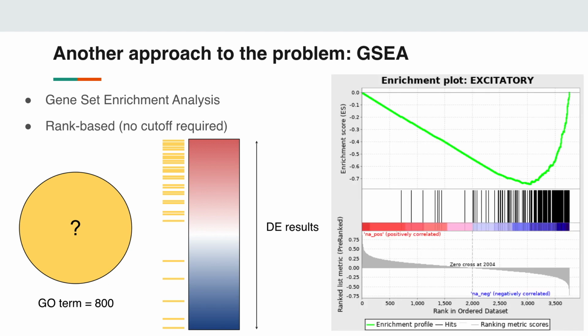And here's just to illustrate an actual result from an analysis I did with excitatory neurons, where you can see that the majority of genes in this particular pathway I'm testing, and they're shown here with black lines, tend to be downregulated in these cells.